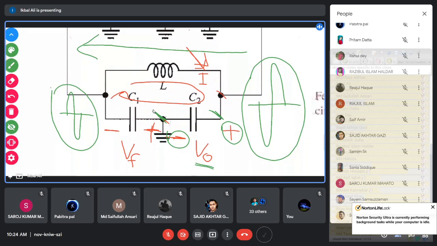That is the voltage developed across C1, and the feedback voltage polarity is plus on this side and minus on this side. So with respect to ground, this feedback voltage is minus, which is opposite. With respect to the ground, the output voltage is plus, but when you measure the feedback voltage with respect to ground, the minus comes first. So it is 180 degree phase shifted.